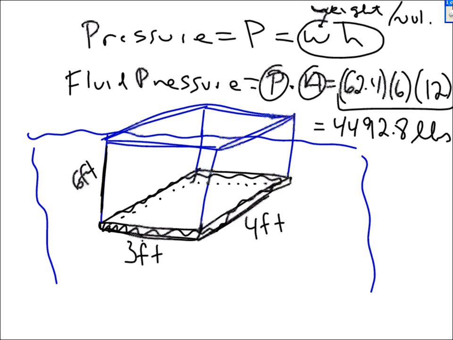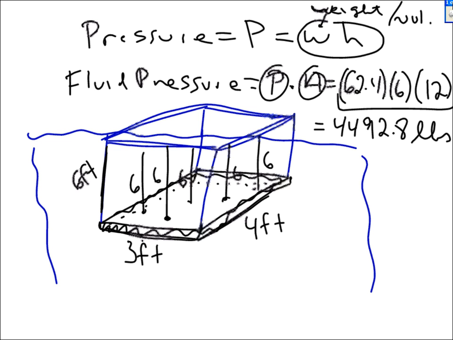Now need to be very clear on one thing. Every point on this piece of sheet metal is 6 feet below the top of the water. Every point is exactly 6 feet. It is submerged 6 feet into the water.